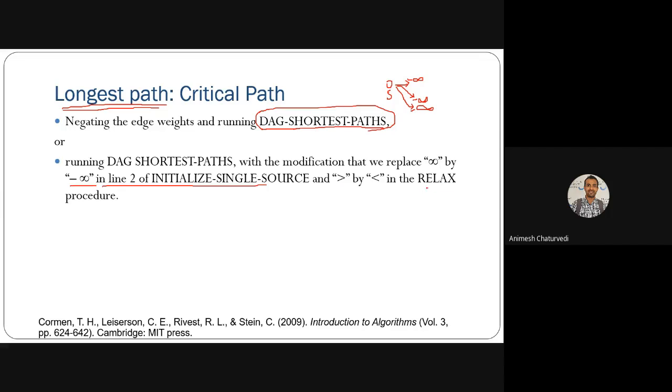Thereafter, the relaxation is done by replacing the greater than with the lesser than. So in the case of v.d greater than u.d plus w, you have to do v.d less than u.d plus w, and the rest of the things are the same. The replacement of v.d is the same as before.